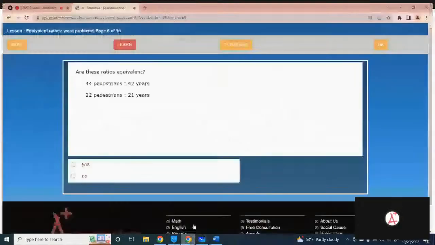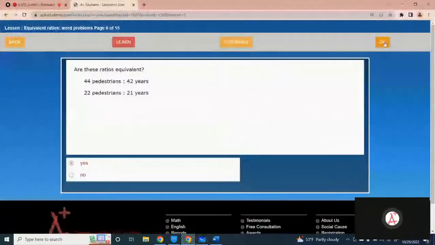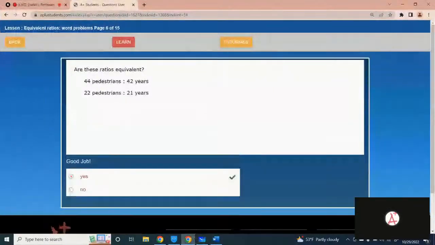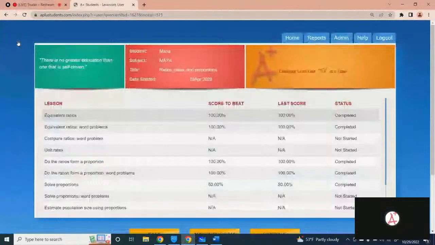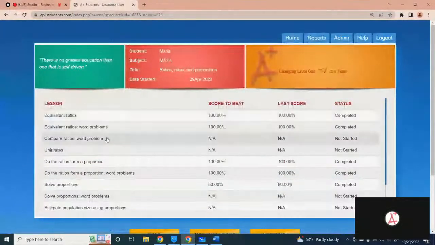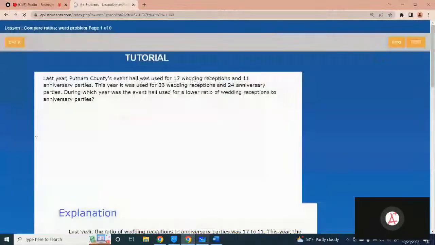Okay, you can complete the test by yourself later today. I'm just moving on to the next topic. Okay, the next topic is compare ratios word problems. Okay, let's start with the next one.